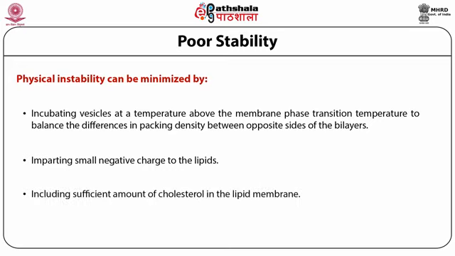Including sufficient cholesterol in the membrane helps to overcome this problem. A high amount of cholesterol also helps in minimizing the leakage of drugs from the liposomes. Lyophilization of the liposomes also helps in minimizing both physical and chemical instability by converting liposomes into solid anhydrous forms.